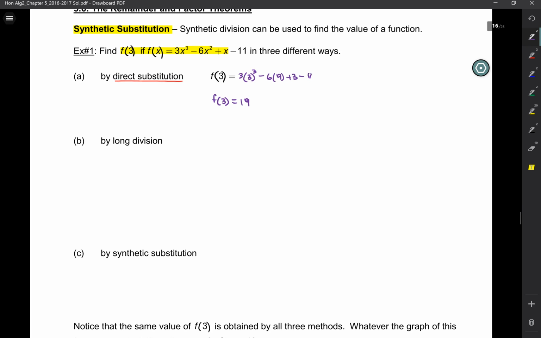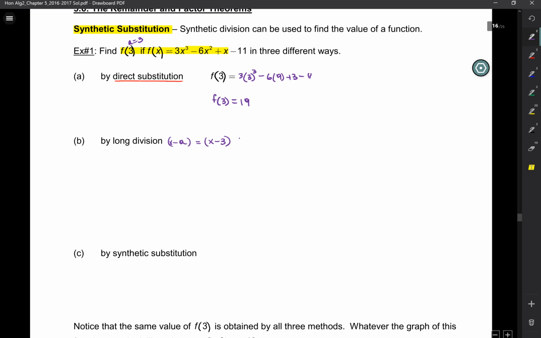Now, we're going to do the same thing by long division. We're going to find f of 3 by long division. Okay? Well, how do we do that? If my value a is 3, then I have a factor x minus a, which is x minus 3, right?